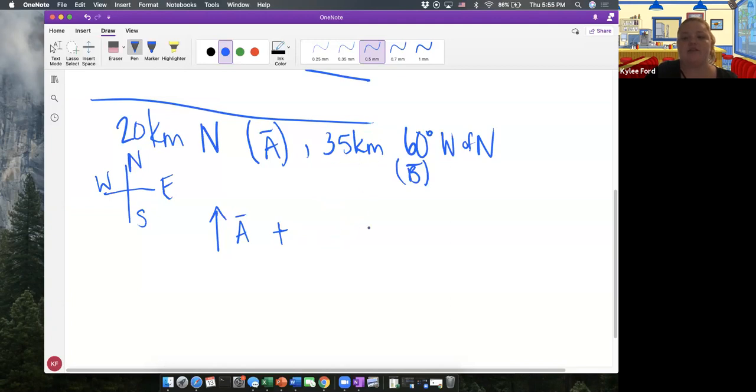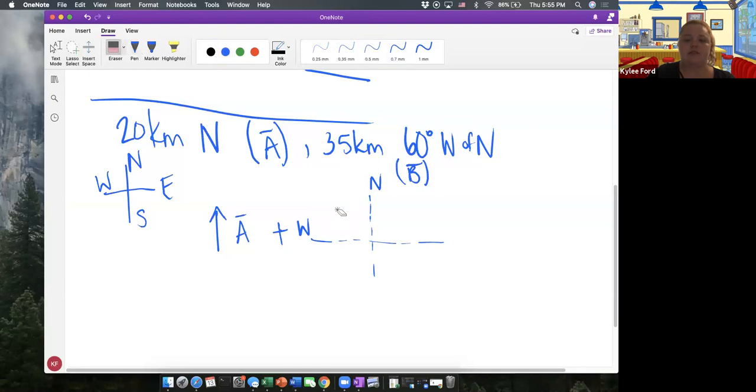And this says 35 kilometers, 60 degrees west of north. So what that means is, again, we can have some kind of reference here, and say that this is our north, and according to this, this would be our west, and 60 degrees west of north. So I'm going to put this guy right about here.